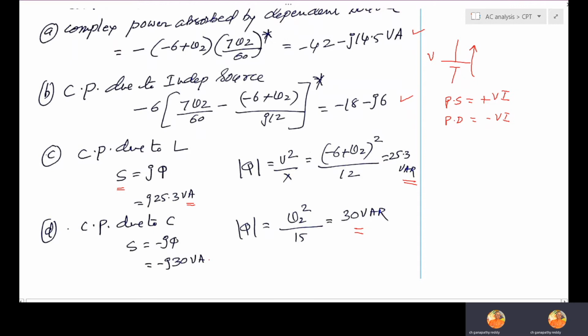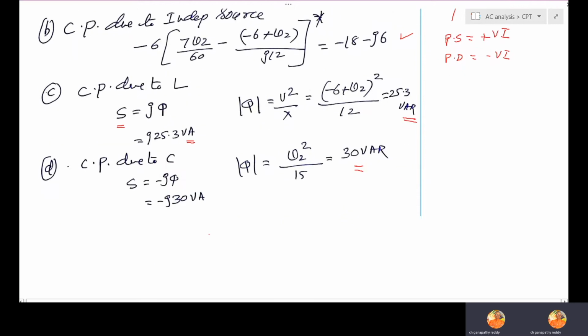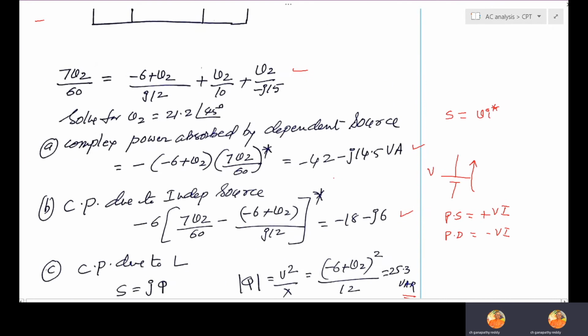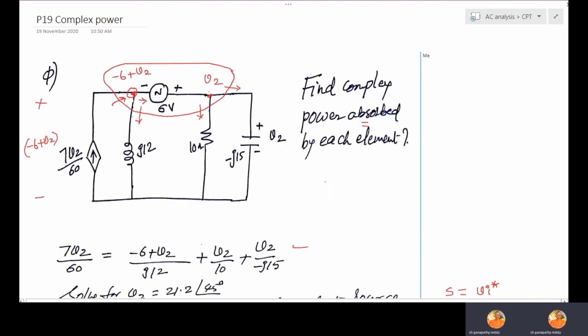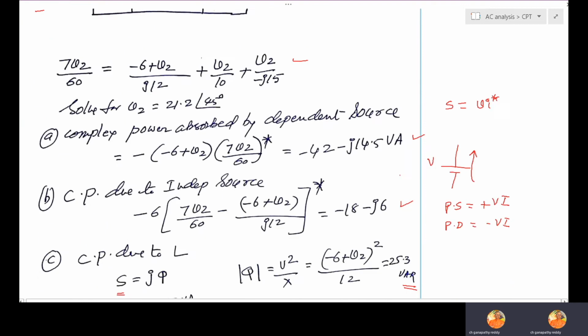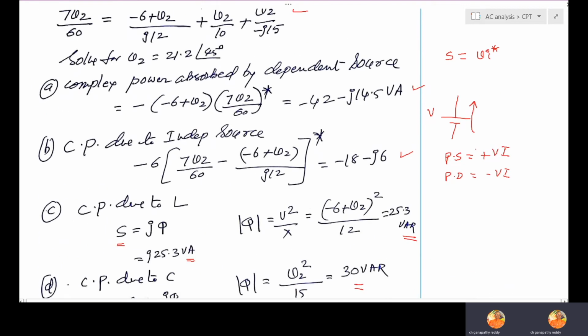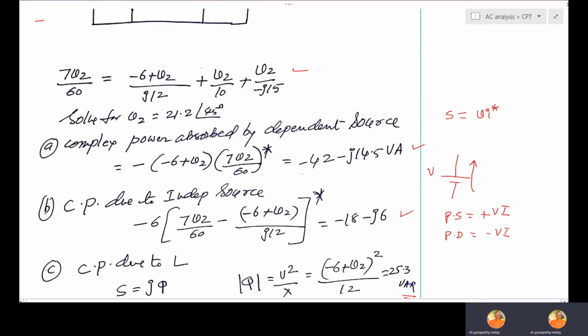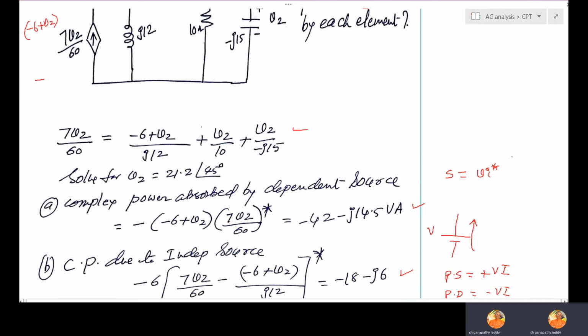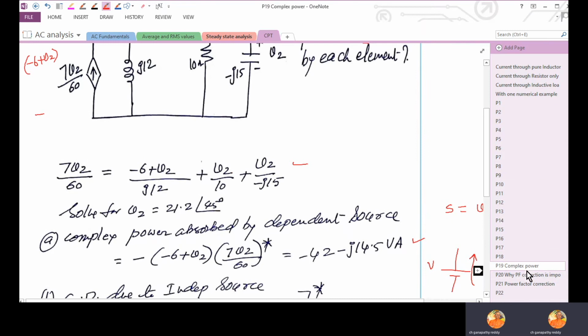So minus J30 volt ampere. Like that, power absorbed by each element. Here there is nodal analysis, the supernode concept, the power dissipation convention, and the power triangle theory. So many concepts are mixed here. That's why I am solving this problem.